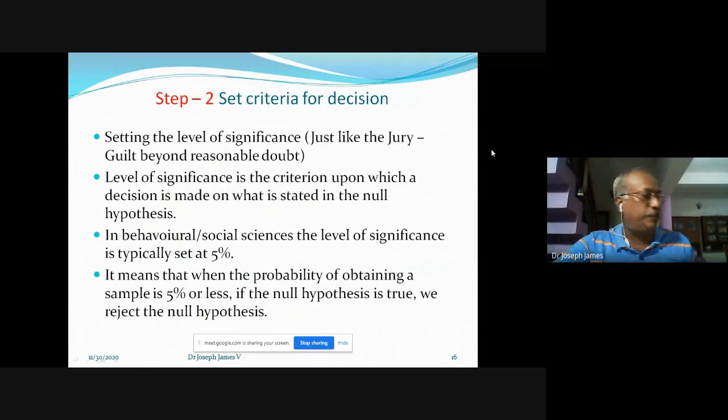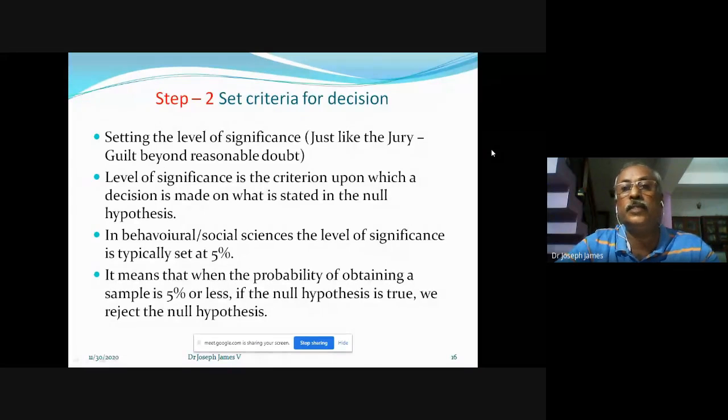Then coming to step 2, we set a criterion for decision, that is, setting the level of significance. Just like the jury decides that the guilt should be beyond reasonable doubt, the prosecution should be able to prove beyond reasonable doubt that the person is guilty.